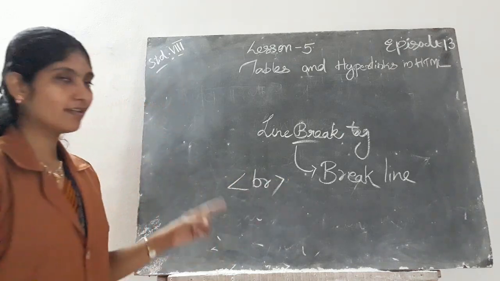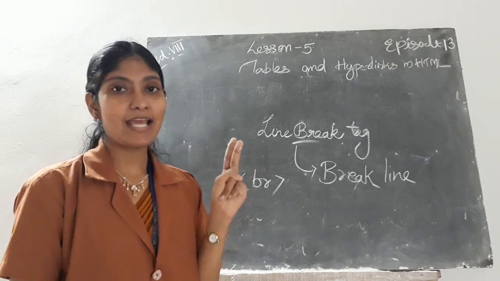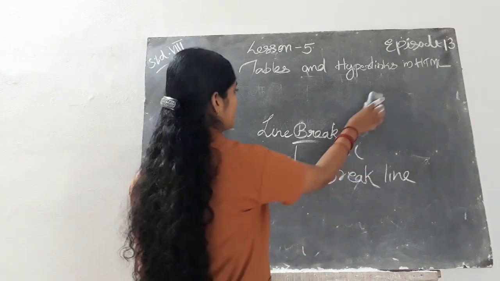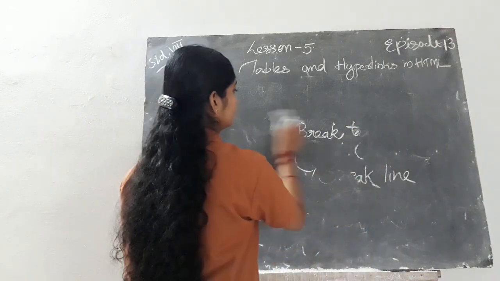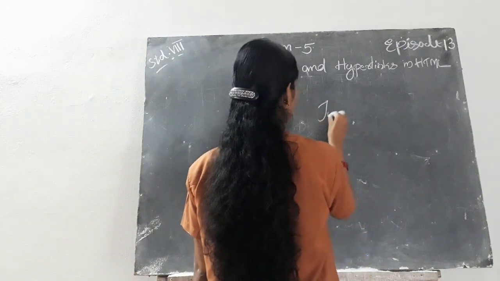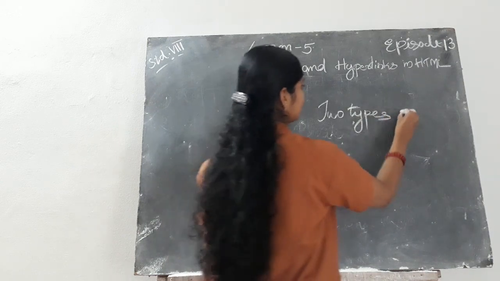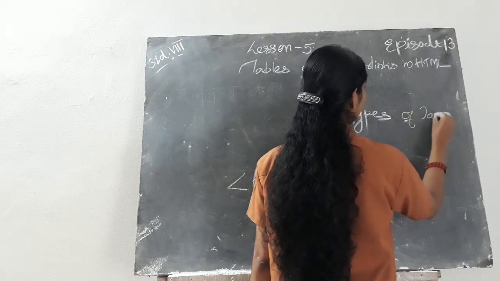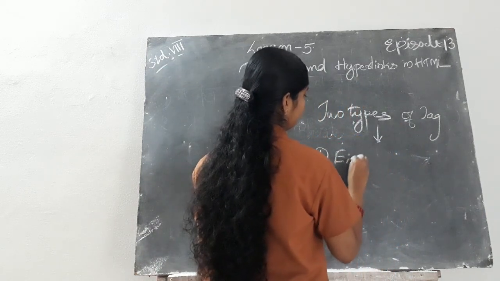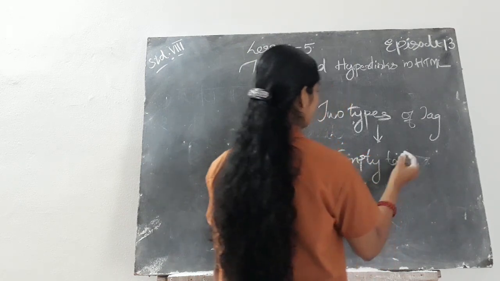Before that, let me remind you there are two types of tag: empty tag or standalone tag, and container tag. Two types of tag. First one is empty tag. Second one is container tag.